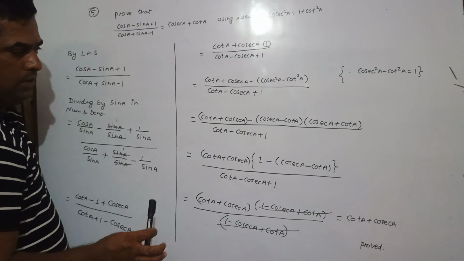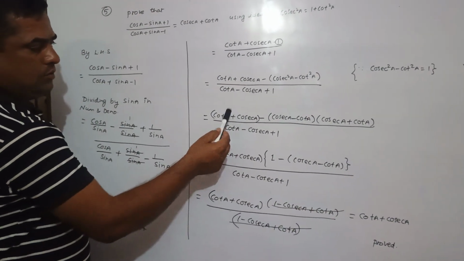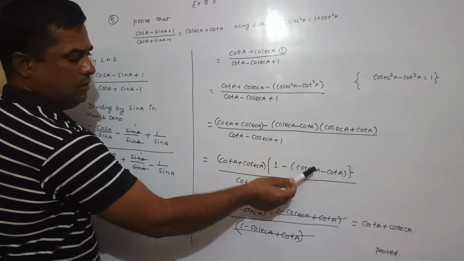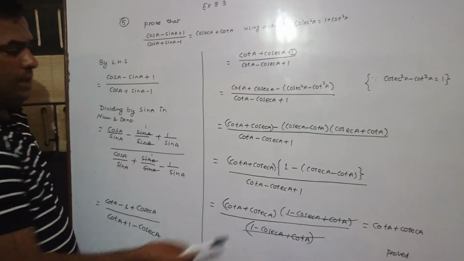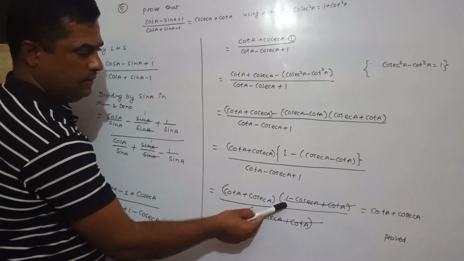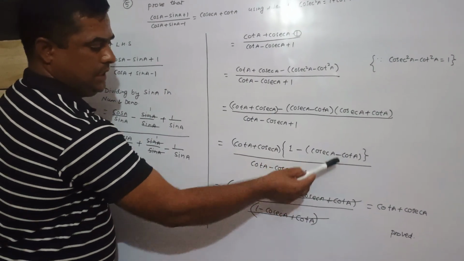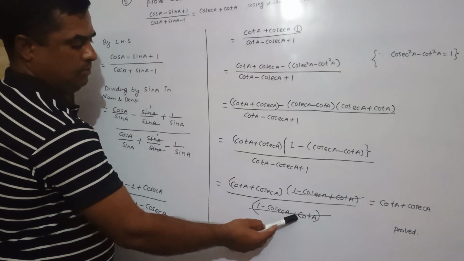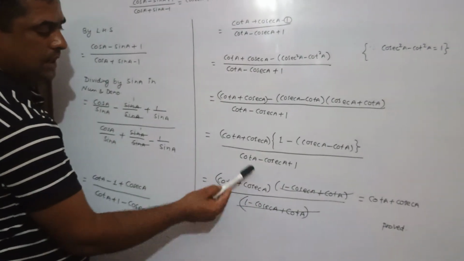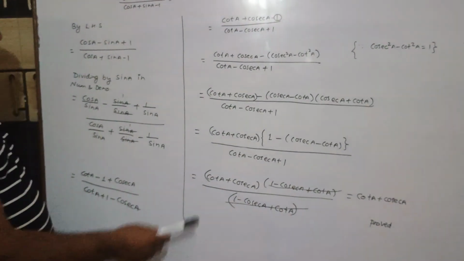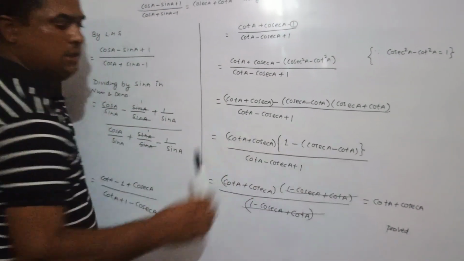What will we write here in the place of cot A plus cosec A? 1 minus, this term is common, so we will write only cosec A minus cot A. Multiplying by minus inside the bracket, we will get here 1, then minus cosec A plus cot A, over 1 minus cosec A plus cot A. Actually we are rearranging this denominator, 1 then minus cosec A and then plus cot A. Now these two terms are same, this term is cancelled out by this term. So what will we get here? Cot A plus cosec A. This is your right hand side.